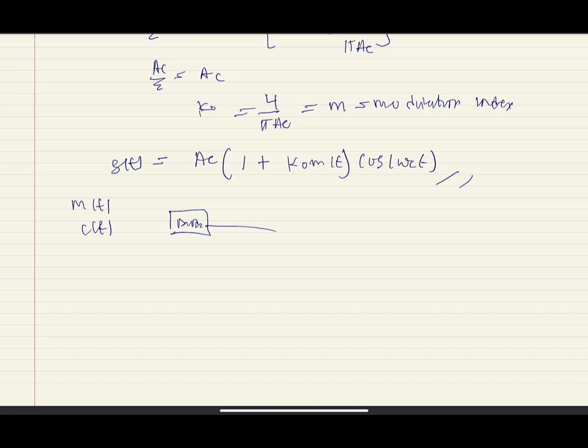This diode will convert it into a train of pulses by multiplying it by the train of pulse signal, and due to the nonlinear nature of the diode, there will be integral multiples of the fundamental frequencies, the harmonics, introduced into the system. For that reason, we need to filter out all the unwanted parts. To do that, we pass the whole output of the diode into a bandpass filter to get our original modulated signal, which is S of T.